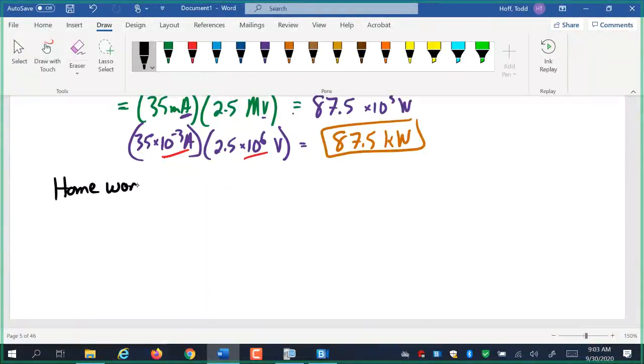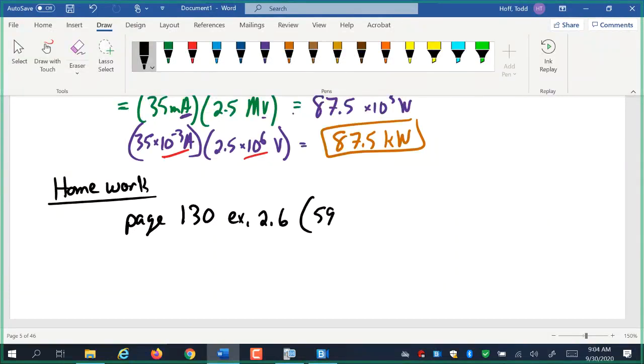We'll let you off the hook with your homework here. In the book, page 130. Exercise 2.6, it is 59 through 81, the odd.